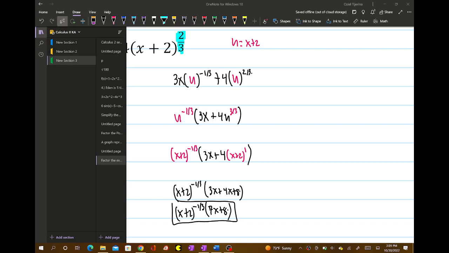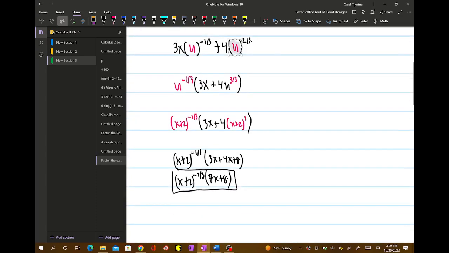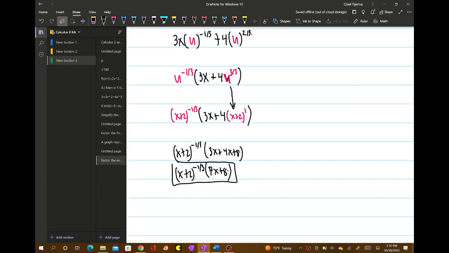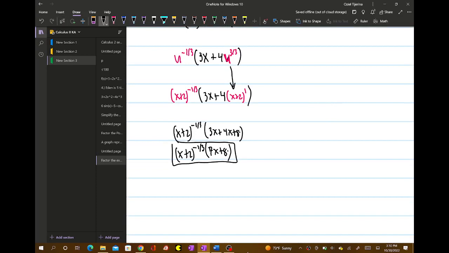Then this would give you something like this, and all you have to do is plug u back in. So u is 3/3, which is 1. Basically this part is this, and u is x plus 2, so I plug that in right there and simplify from there. So 3x plus 4x plus 8, and then it's x plus 2 to the negative 1/3 times 7x plus 8.